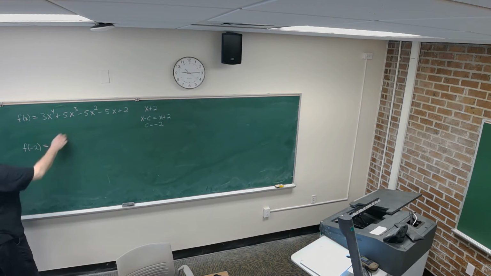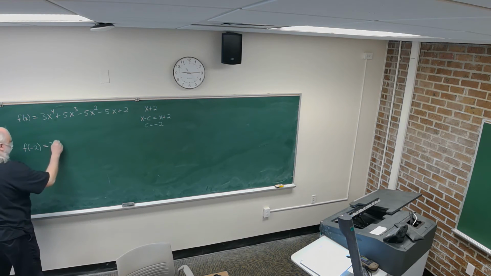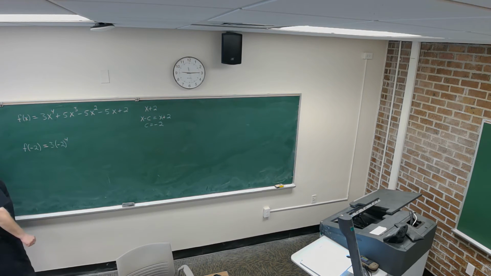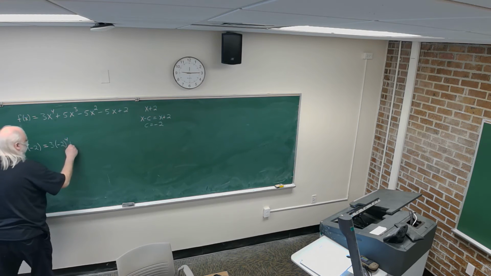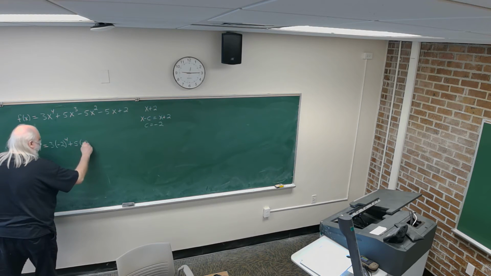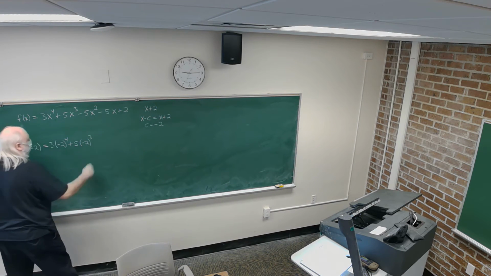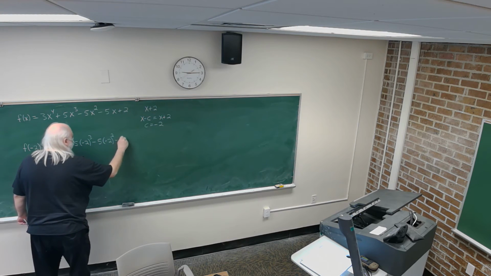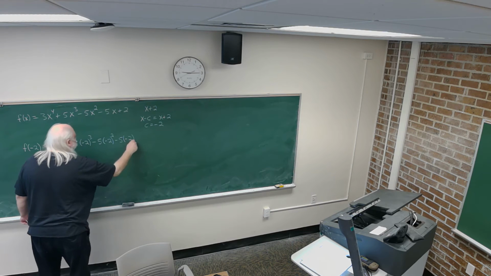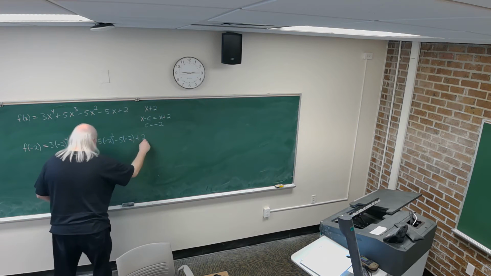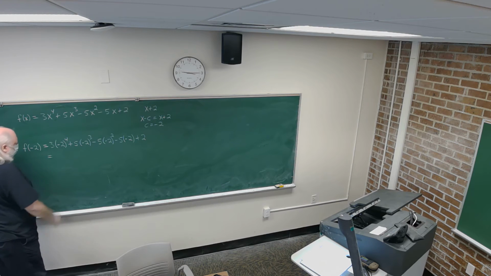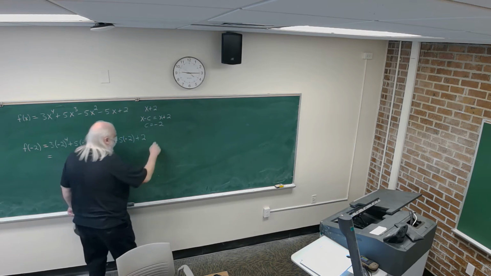If you do that, you put in minus 2 for x on the right-hand side. So we have 3 times minus 2 to the 4th plus 5 times minus 2 cubed minus 5 times minus 2 squared minus 5 times minus 2 plus 2. And now you've got to do PEMDAS, order of operations.